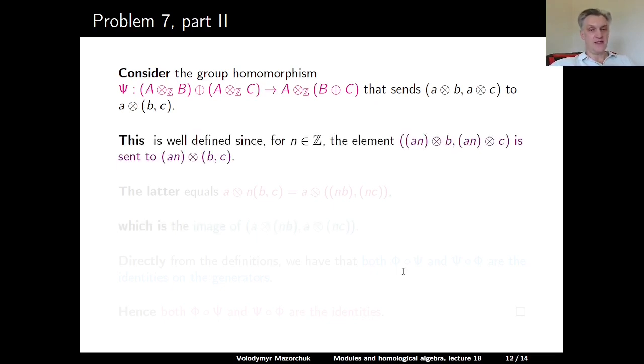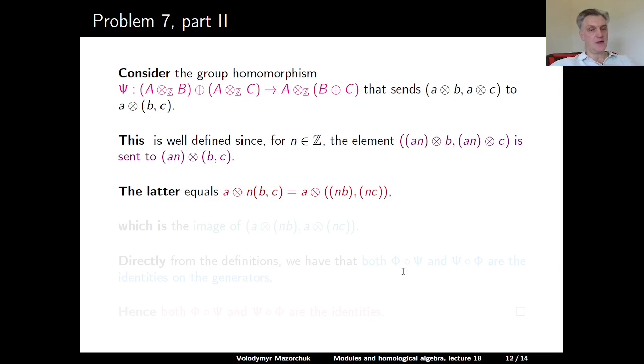So if n is an integer, then the pair (an tensor B, an tensor C) is sent to the element an tensor (B, C). In the latter, we can move our integer n from the left-hand side to the right-hand side of the tensor product to get the element a tensor n times (B, C).